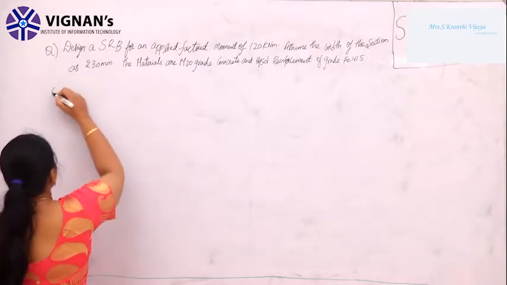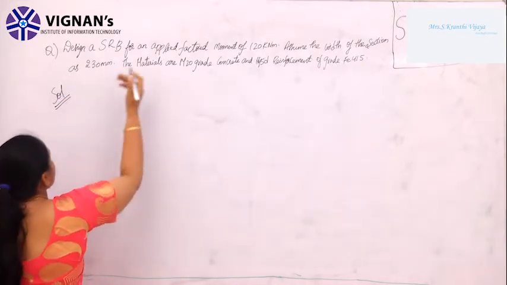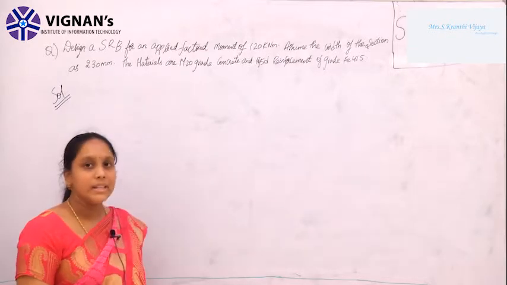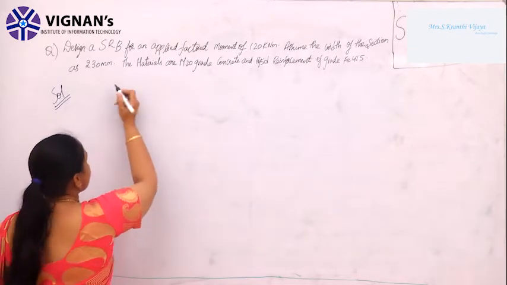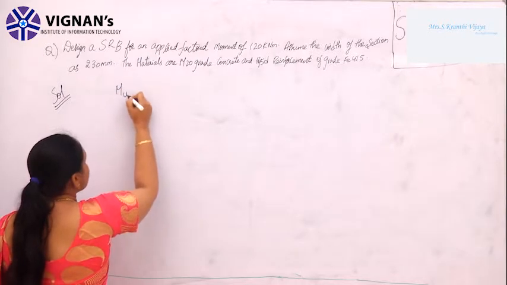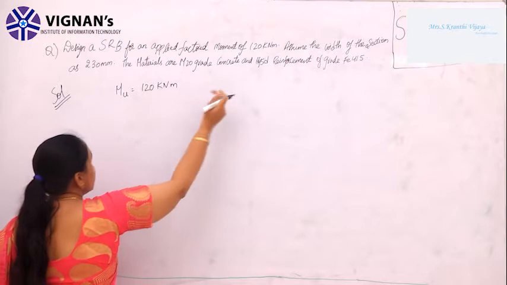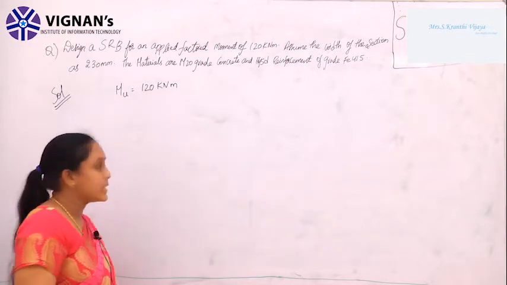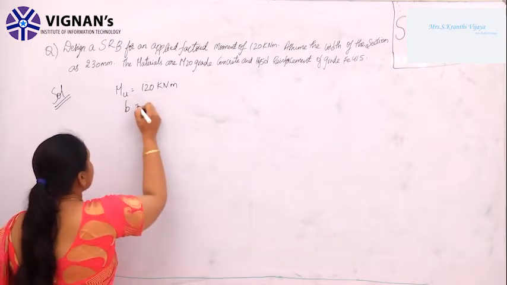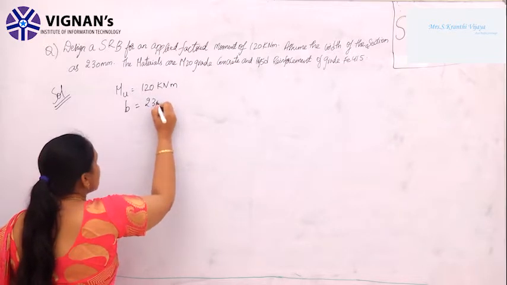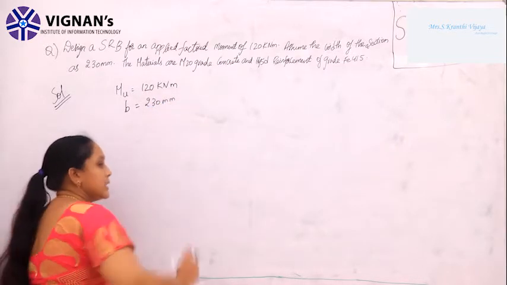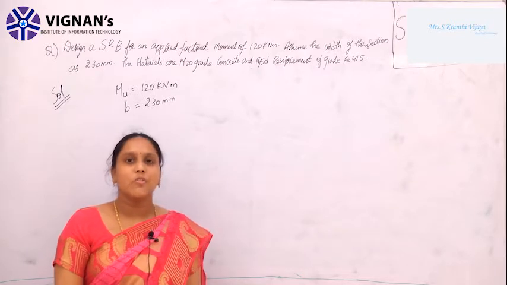So, first we will write down all the given data. So, what is the data given here? The moment is given, which is 120 kilonewton meter, and he has given us the breadth of the section, which is 230 mm. In some cases, the breadth of the section will not be given.